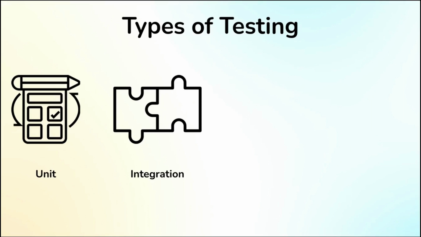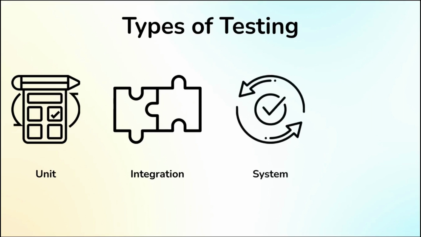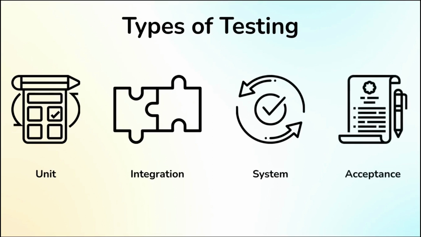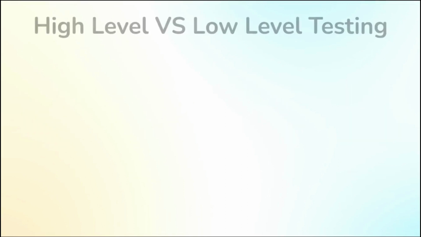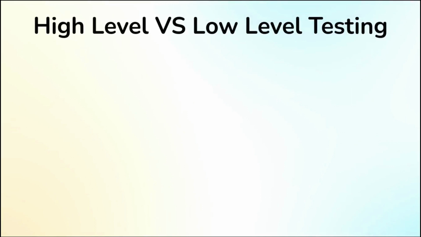System testing, however, is testing conducted on a complete integrated system to ensure system compliance with its specified requirements. And finally, acceptance testing, which is the level in the software testing process where the product is given the green light or not.